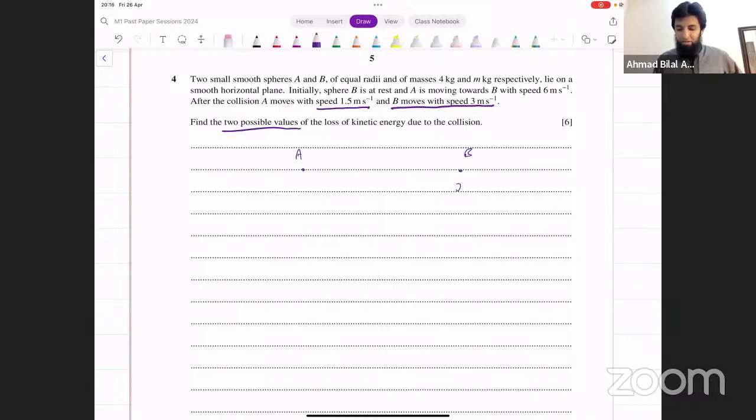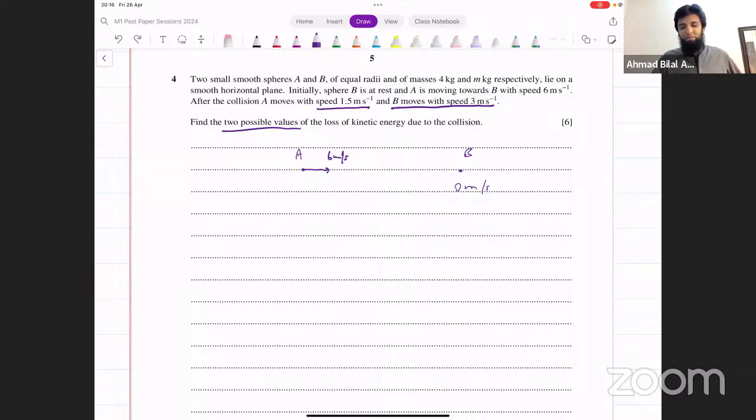B was at rest earlier, and A was moving towards B with speed 6 meters per second. After collision, we are given their speeds. One is 1.5 and the other is 3 meters per second. But they have not mentioned in which direction.